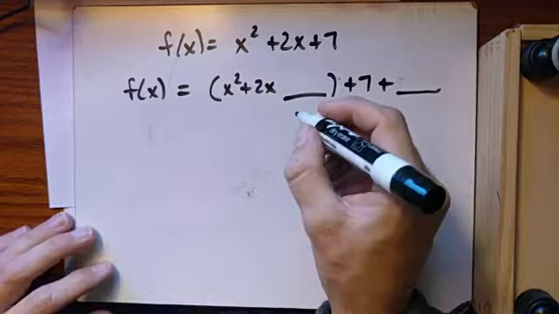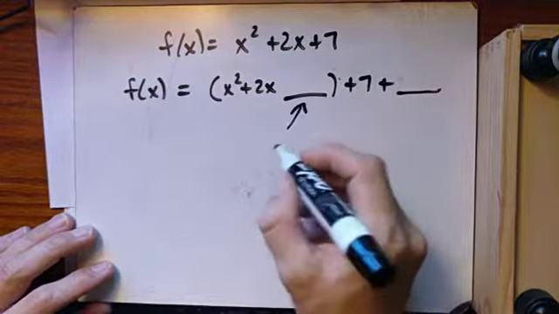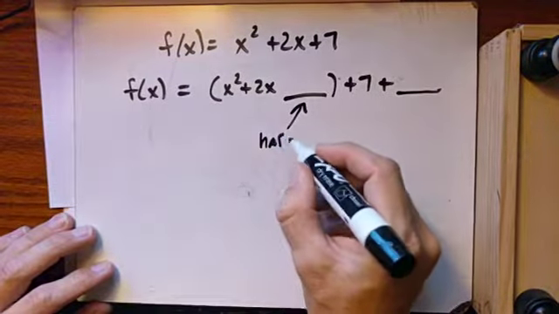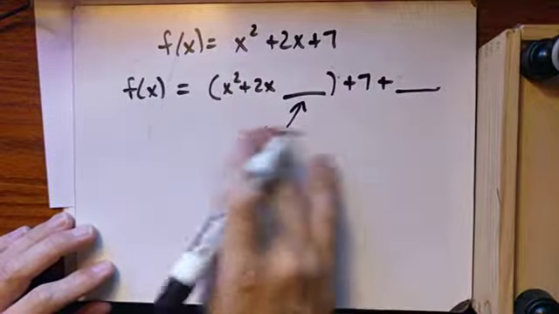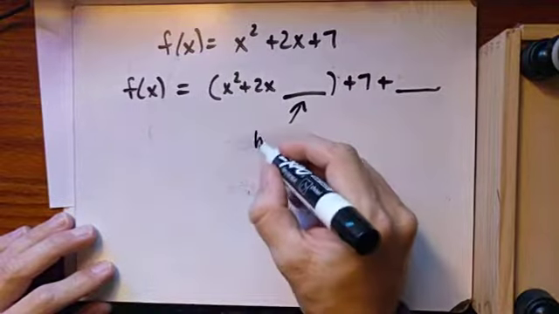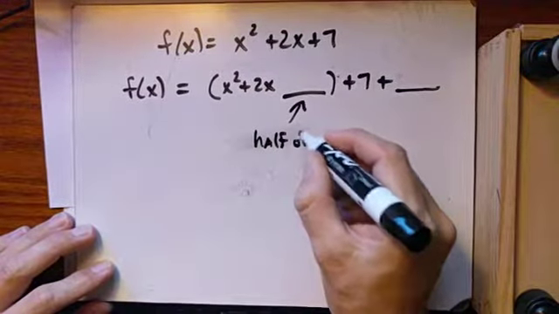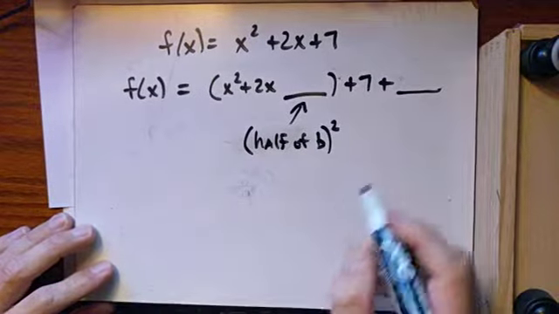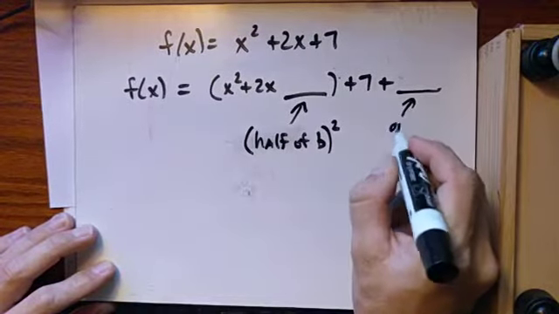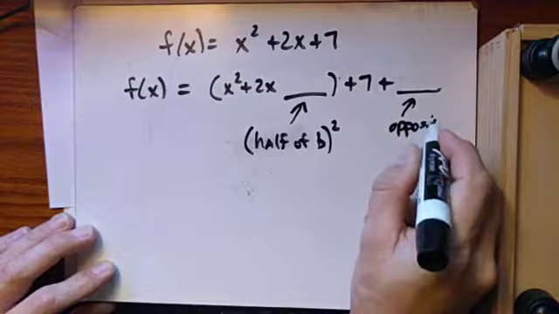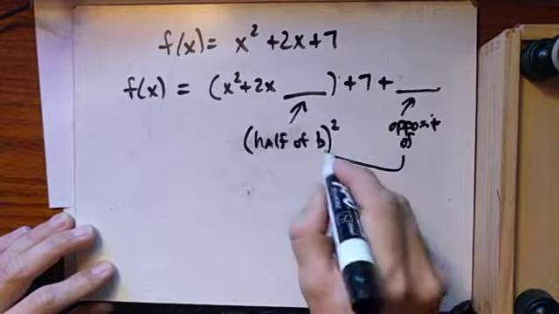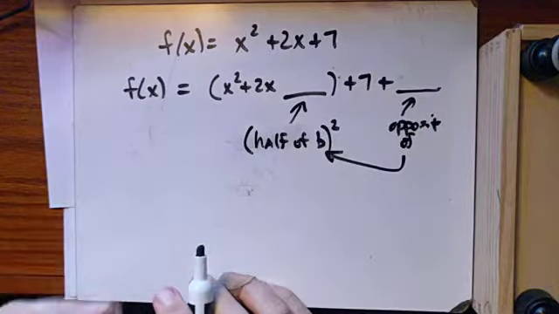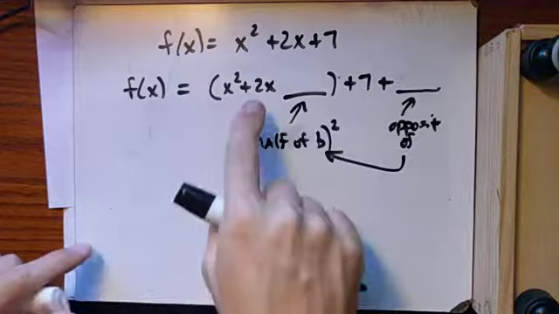So here's what needs to go here. What needs to go here is half of b, squared. And this is the opposite of that number. Okay, so let's figure out what is half of b.